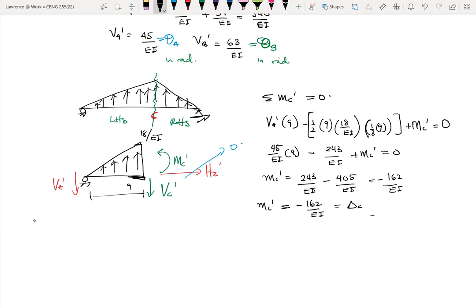So this is delta at C. And because it's negative, it also indicates that our displacement is downwards. It means that C is bending downwards, or the displacement at our point C is a downward displacement.